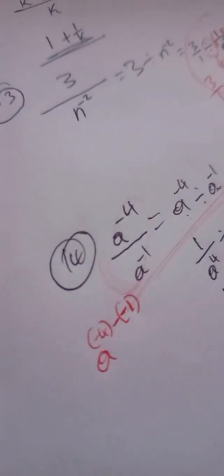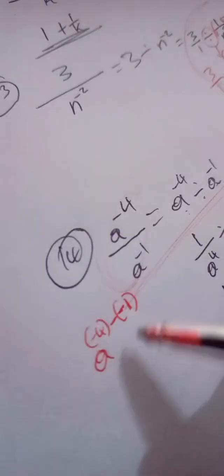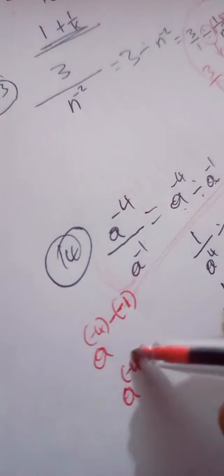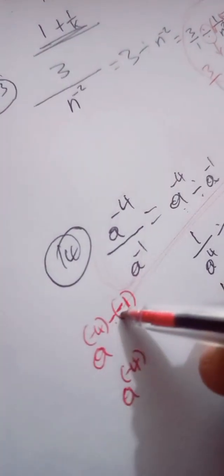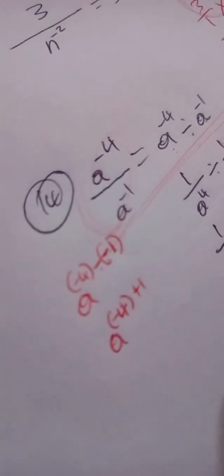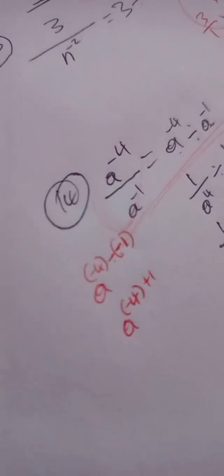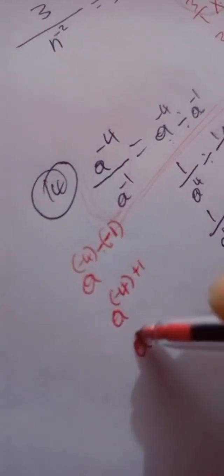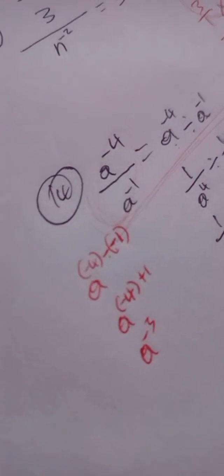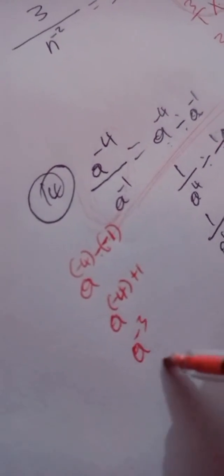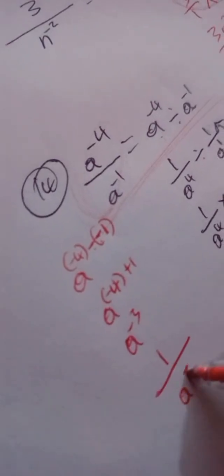So this is going to lead you to a to the power, in brackets, negative 4 plus 1. So this is going to be a to the power negative 3, which we must not leave negative: 1 over a to the power 3.